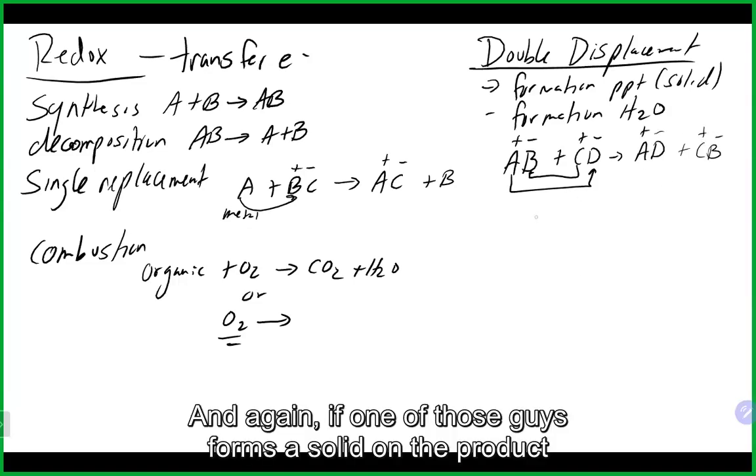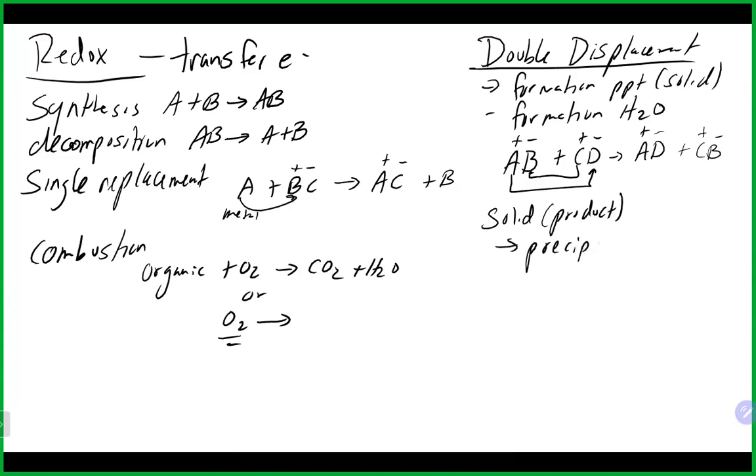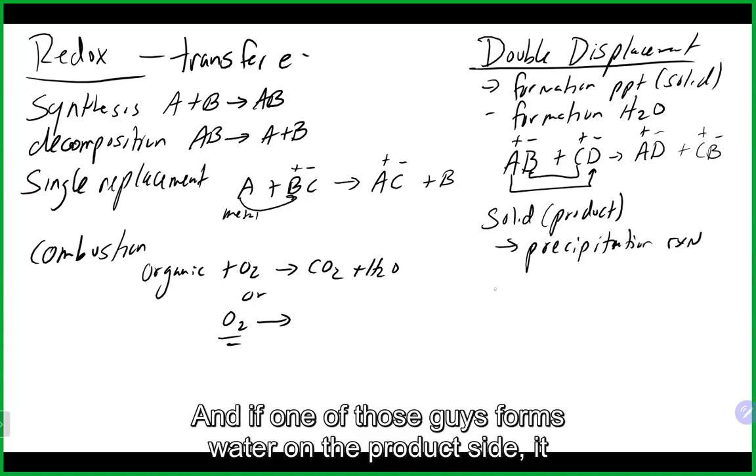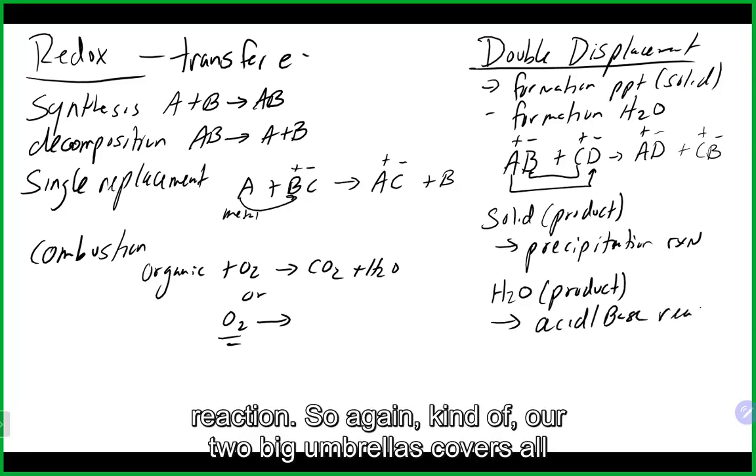And again, if one of those guys forms a solid on the product side, it can more specifically be called a precipitation reaction. And if one of those guys forms water on the product side, it most likely will be more specifically an acid-base reaction.